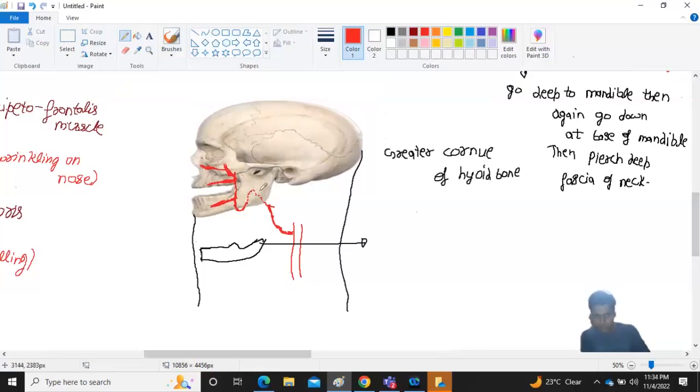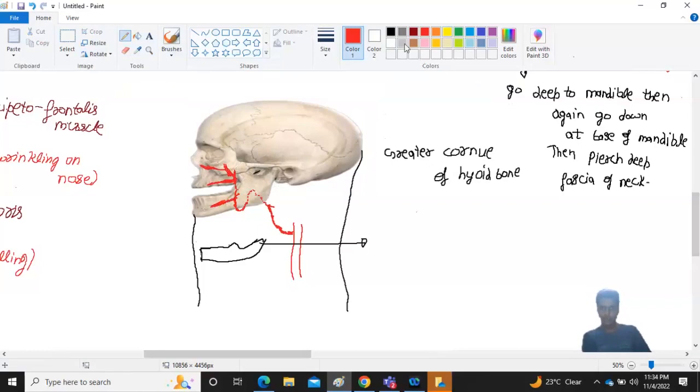Basically, one supplies the mental region, submental. There are four branches that come out which supply the face: tonsillar, submental, glandular.